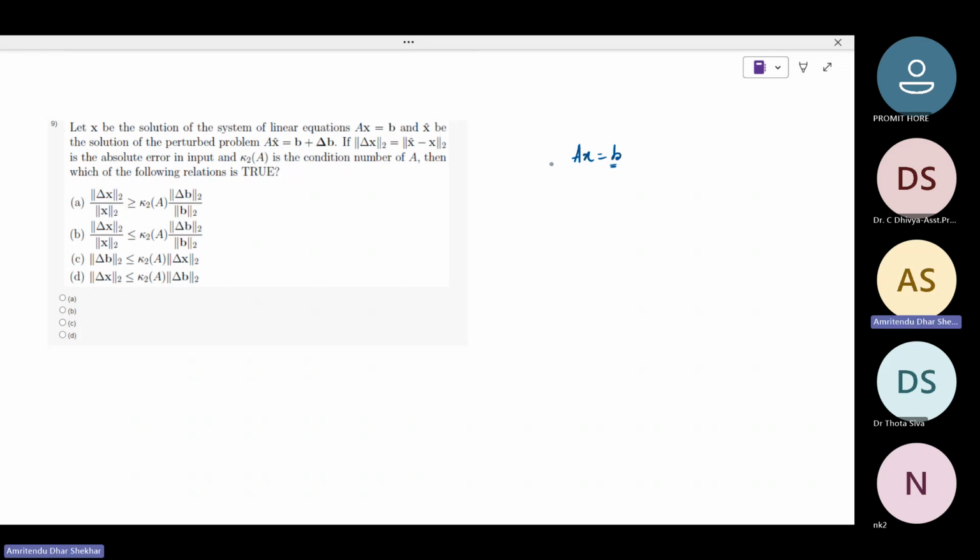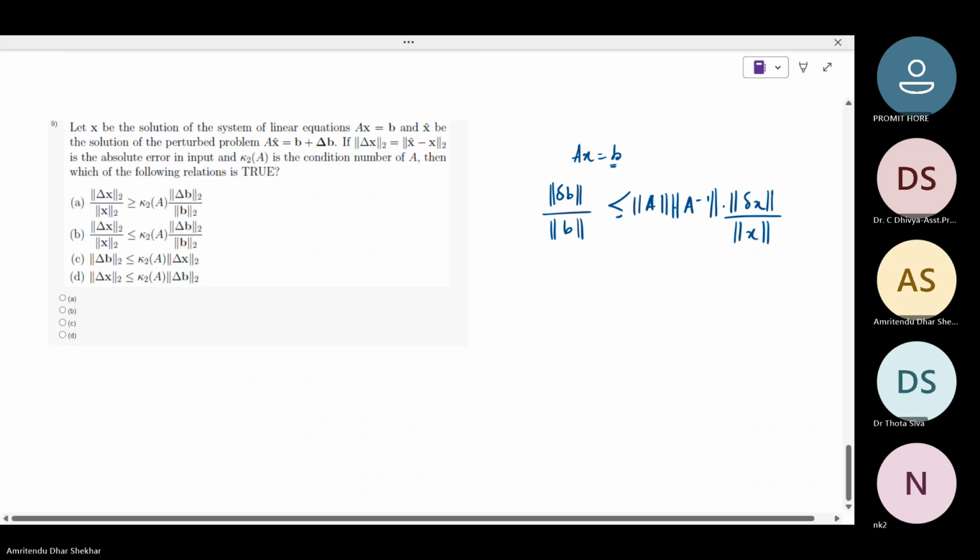When you perturb b, if you note the perturbation to be delta b, then the relative perturbation in x, norm of delta x over norm of x, is upper bounded by the norm of A times the norm of A inverse times the relative perturbation in b, norm of delta b over norm of b.